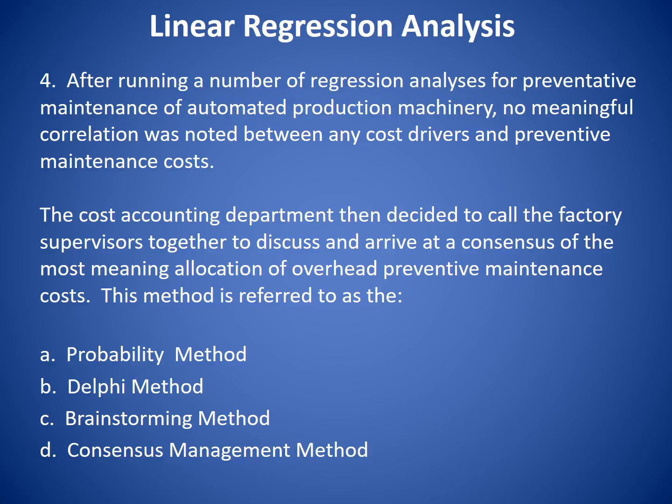The cost accounting department then decided to call the factory supervisors together to discuss and arrive at a consensus of the most meaningful allocation of overhead preventive maintenance cost. Now, this is an analysis method, and it's one of these 4 methods. And again, if you don't know, take your best guess. This is a learning slide. So again, go ahead, stop the video, do your analysis, and then when you're ready, please restart your video.